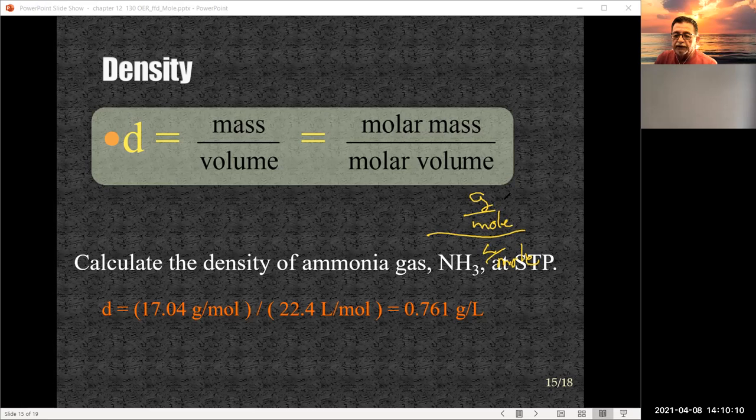So I invert the liters per mole, and it becomes moles per liter. Moles cancel out, giving me the units of grams per liter, which is density, which is mass over volume. So for gases at STP, you can use this relationship.